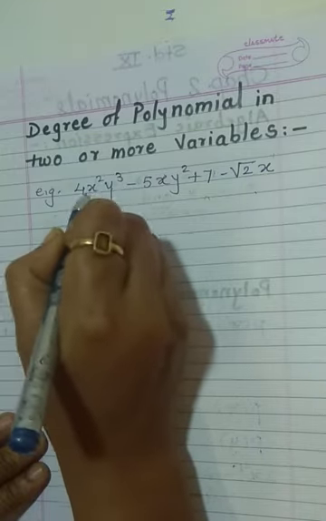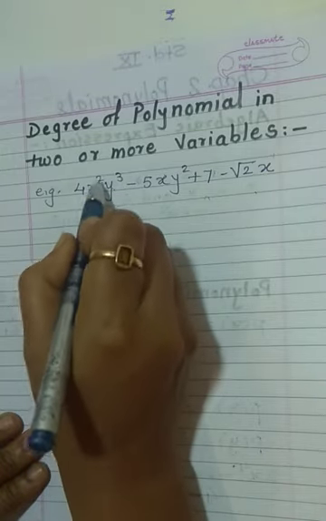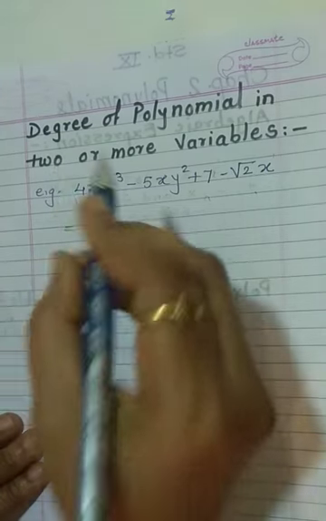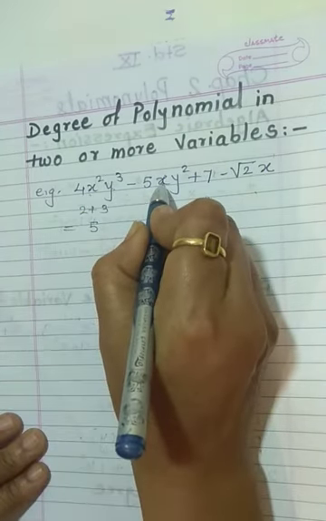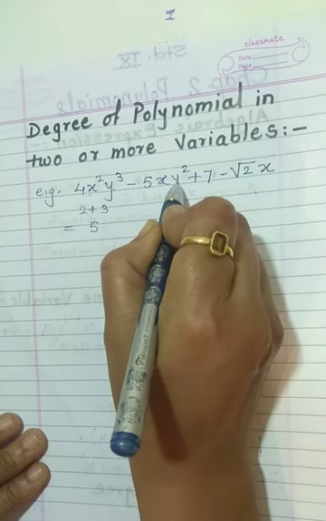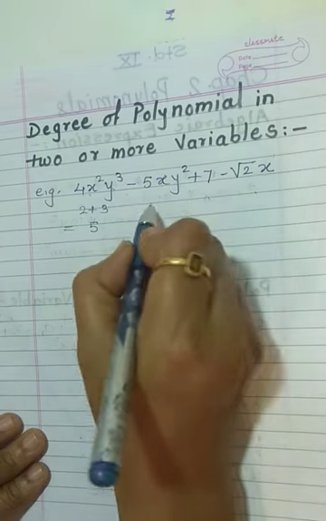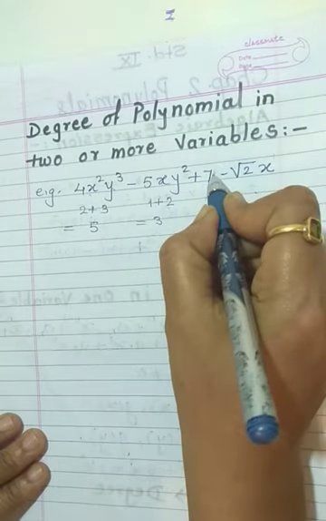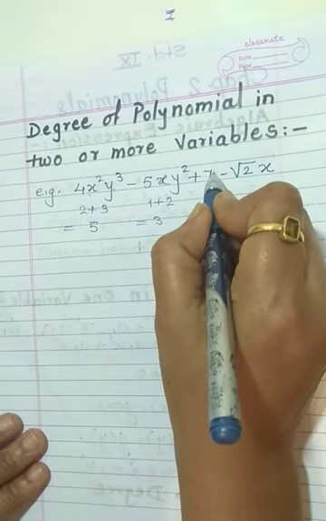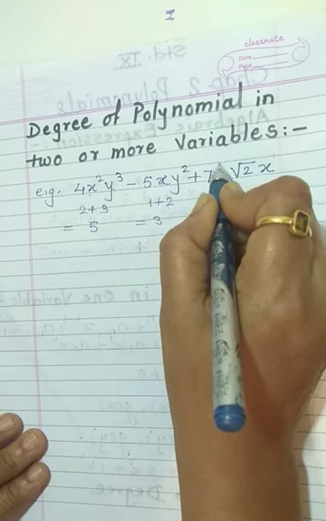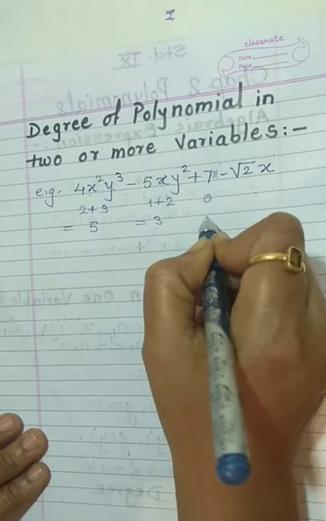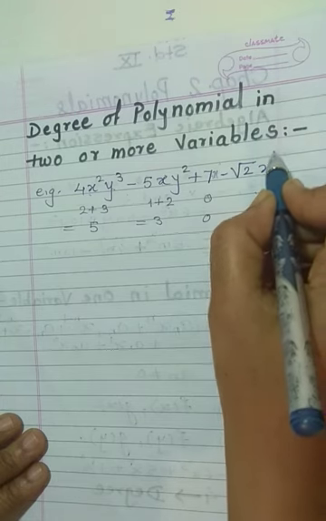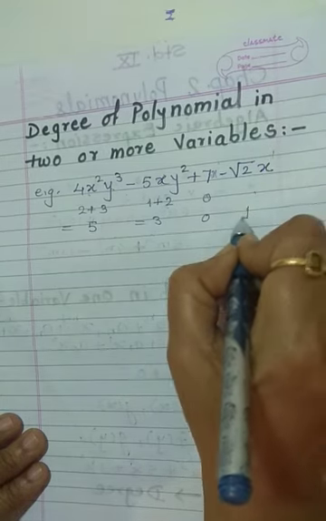Now in the first term, x and y variables are there, and their powers 2 plus 3 is equal to 5 here. Now here the power of x is 1 and the power of y is 2 in the second term, and their addition is 3. Here, as it is a constant term, the power of the variable is 0, and here the power of the variable x is 1, so it is 1 only.